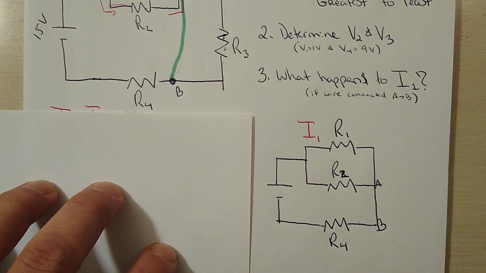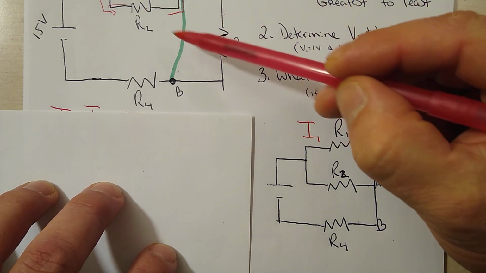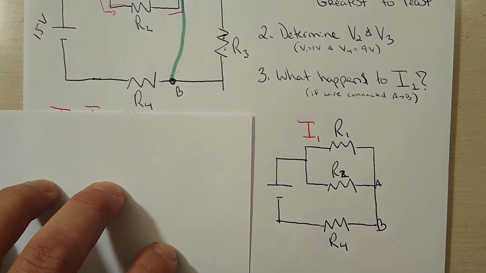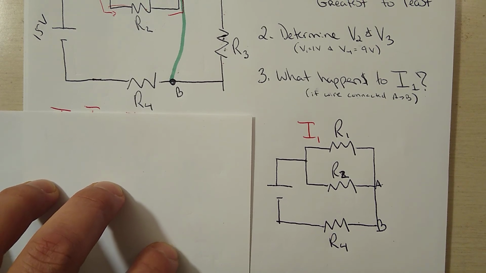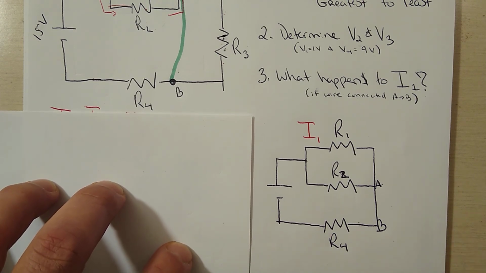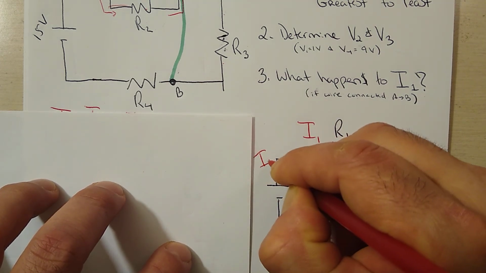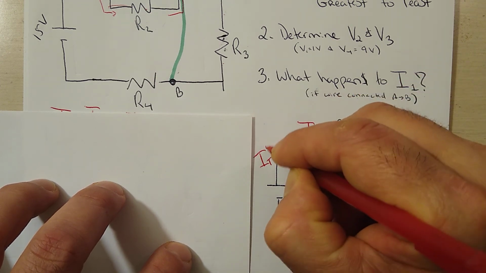Okay, so without this third resistor as part of the circuit, and since it was in series, we have just reduced the effective resistance of the entire circuit. If we reduce the effective resistance of the entire circuit, well, then we know that the total current must be going up.